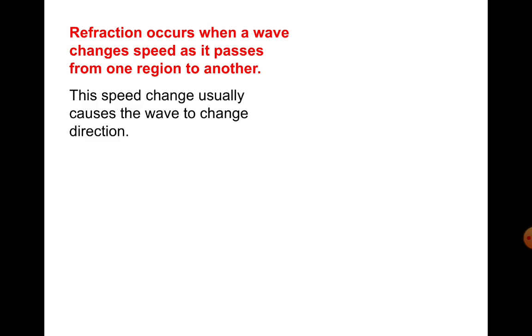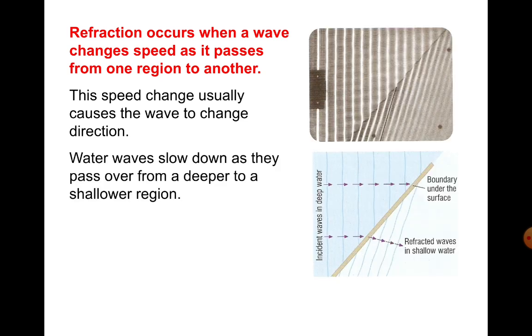So the speed changes, and usually by doing so it changes the direction. So we will see a clear bending. When there is a bending inwards, you will see that the speed of the light decreases, and when the light goes out of the glass, it bends out, and then again the light speed increases.